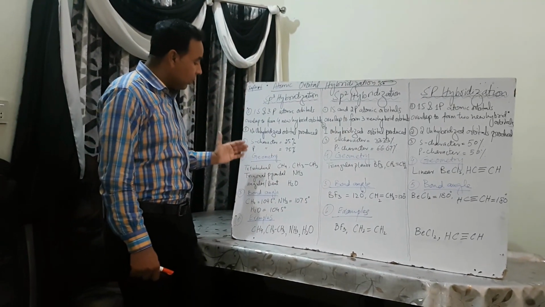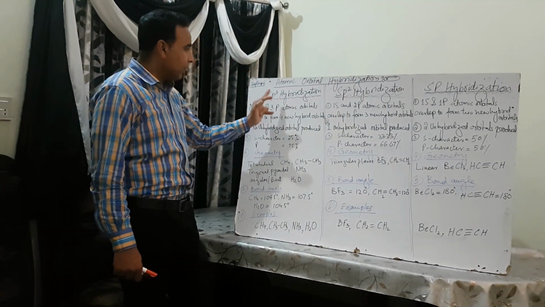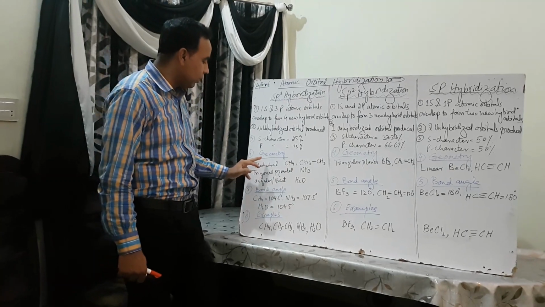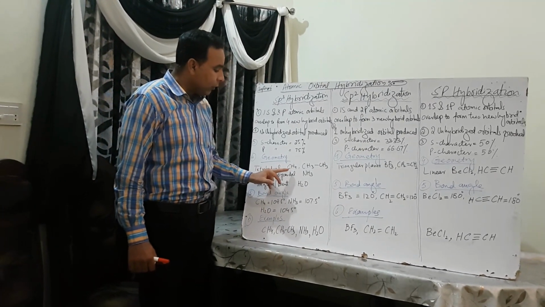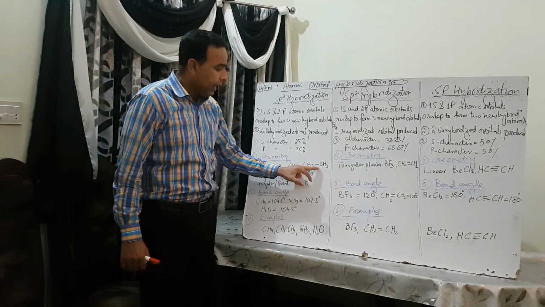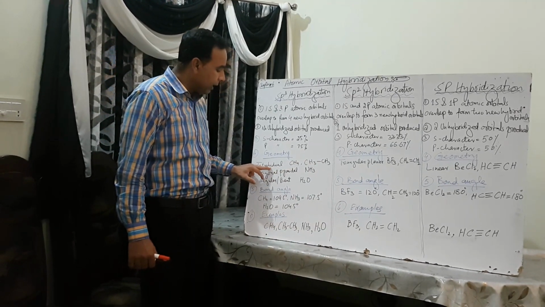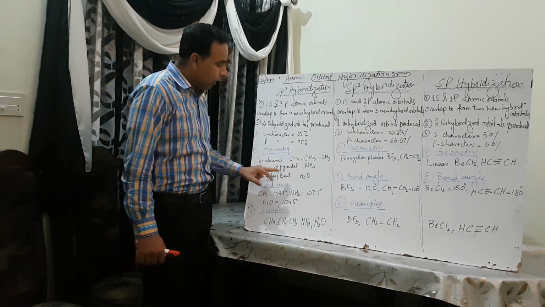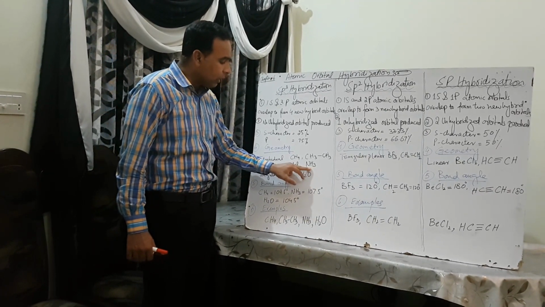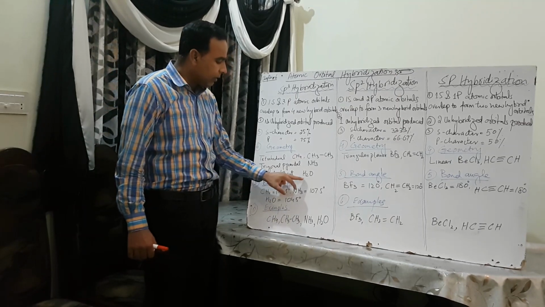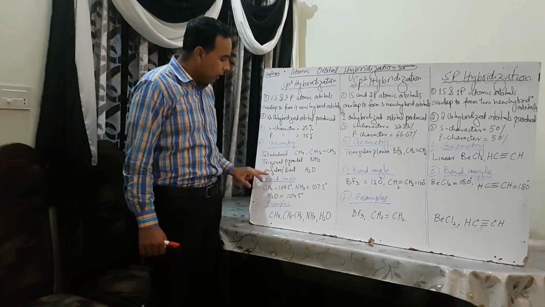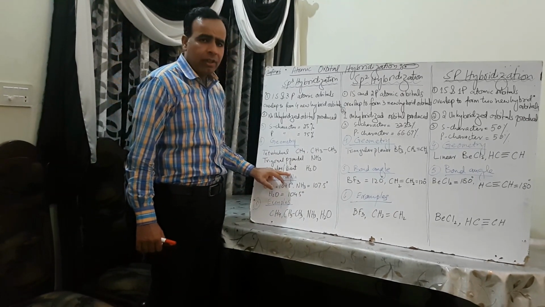Now the geometry. What is the geometry of sp3 hybridization? In sp3 hybridization, the geometry of methane and ethane molecules is tetrahedral, while the geometry of the ammonia molecule is trigonal pyramidal, and in the case of water, angular or bent.